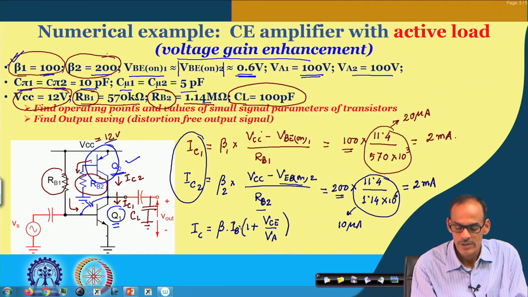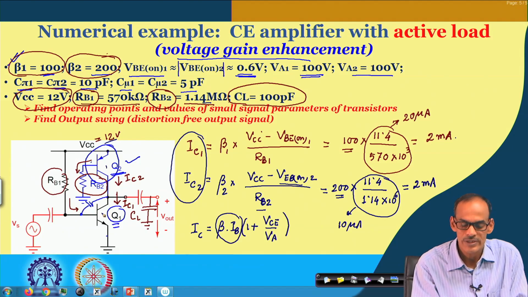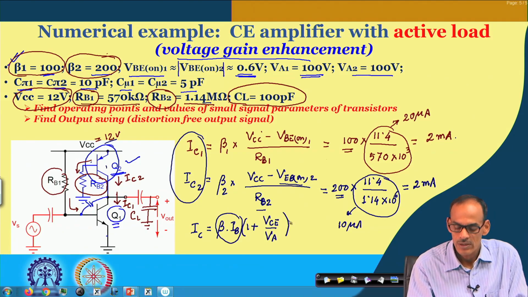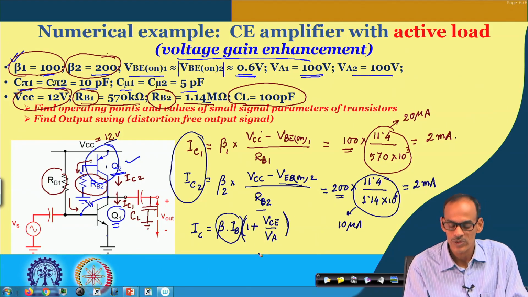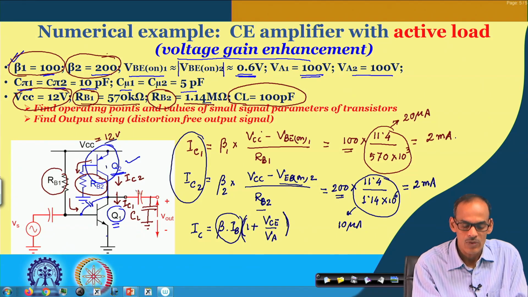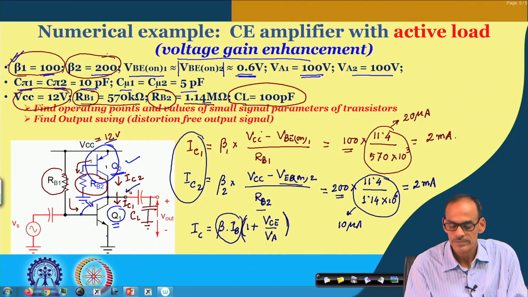Since this part, beta into IB, for both transistors is matched, we should directly compare 1 plus VCE divided by VA of the two transistors, and that eventually gives the output DC voltage here.